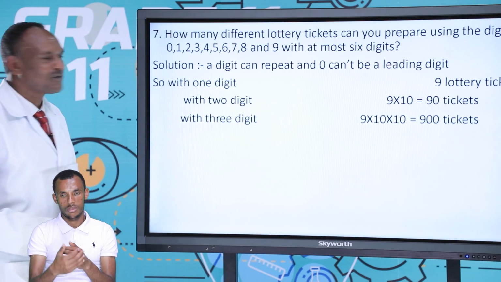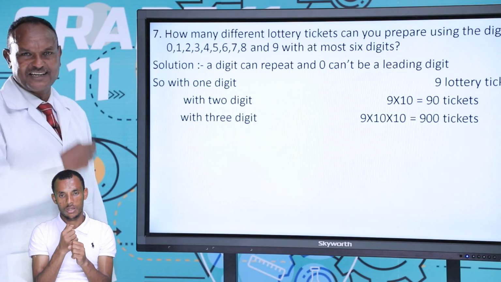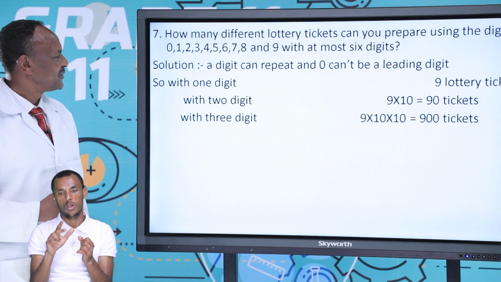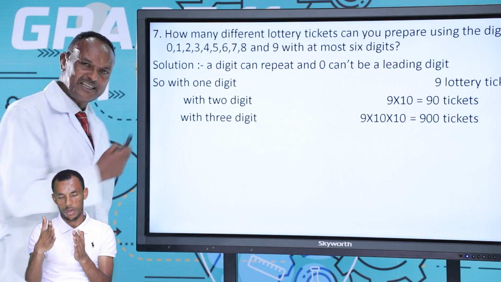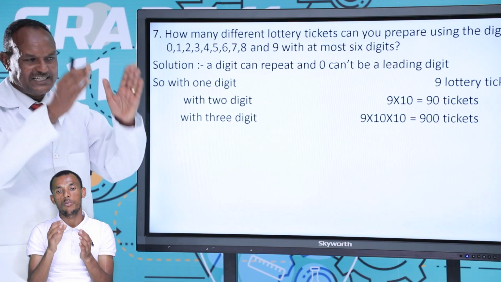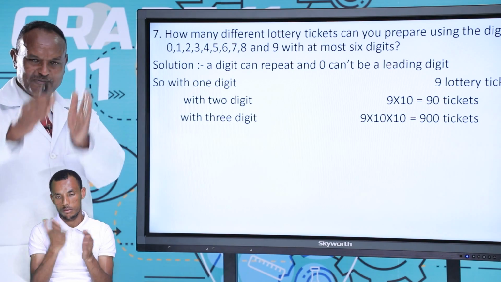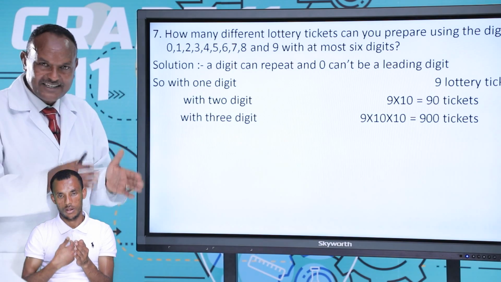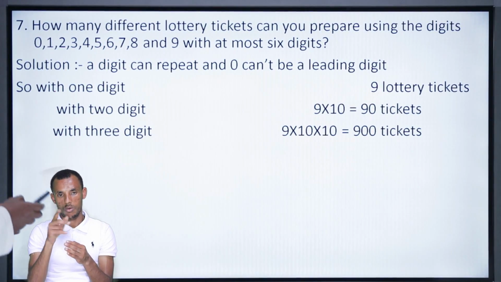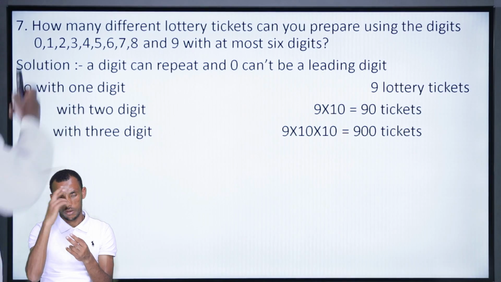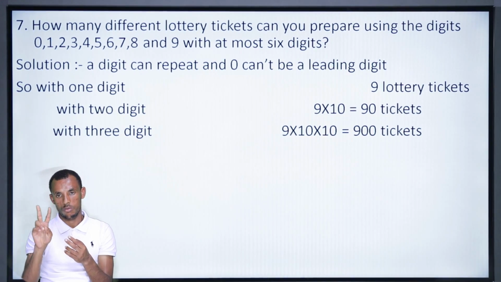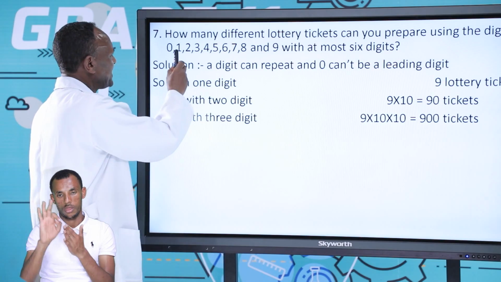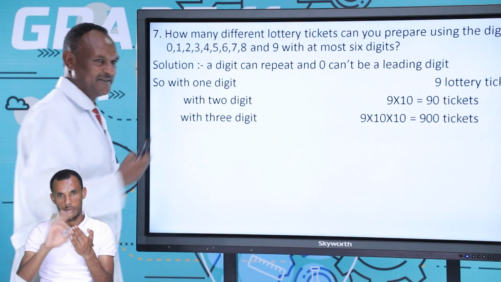Then you come to 3-digit lottery tickets. To prepare a 3-digit lottery ticket, I should have a hundreds place, tens place, and units place. For the hundreds place, you have 9 possible choices because 0 cannot be used. 072 is 72, as you mean. So you choose any one of the 9 digits.